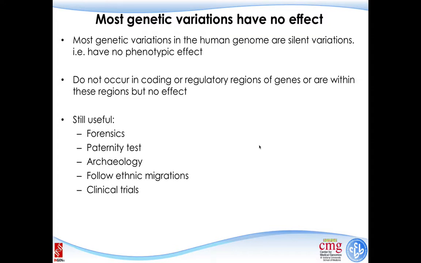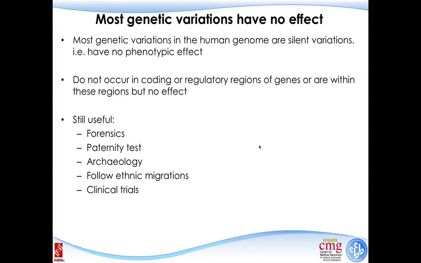Well, although most of them have no obvious phenotypic impact, they are still very useful. You can see there are many different types of applications, including forensic science and paternity testing, archaeology, and tracing the flow of ethnic migration.